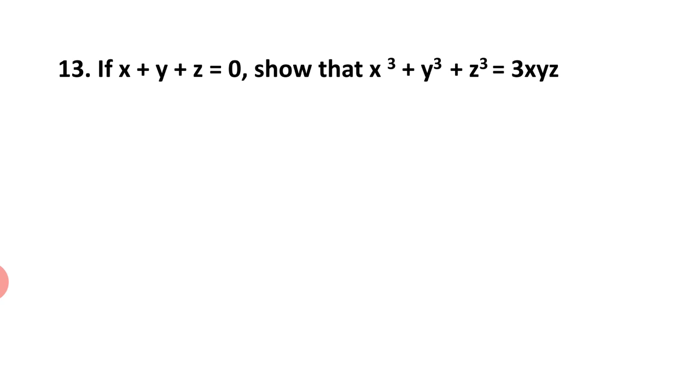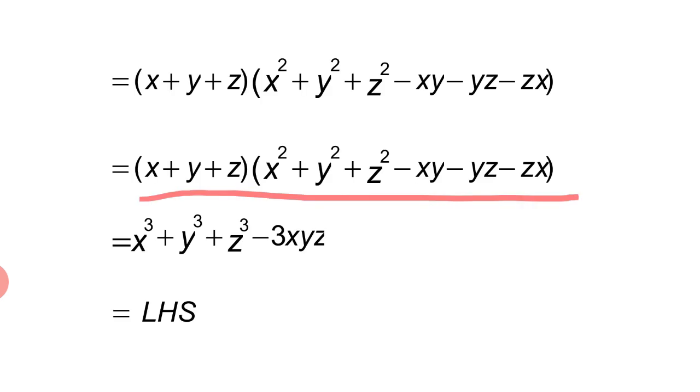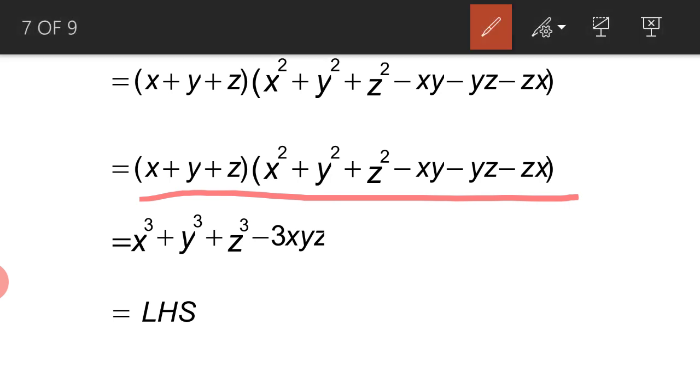Is it okay? So now the next question, which is based on this previous one. If x plus y plus z is equal to 0, show that x cube plus y cube plus z cube is equal to 3xyz. Now see, I'll go back again and tell you that here x cube plus y cube plus z cube minus 3xyz is equal to x plus y plus z into x square plus y square plus z square minus xy minus yz minus zx.